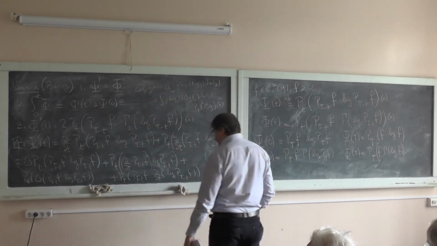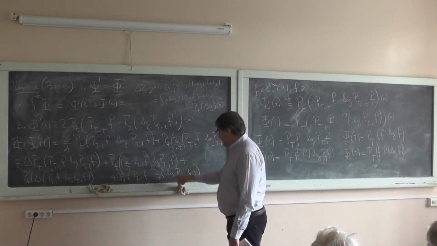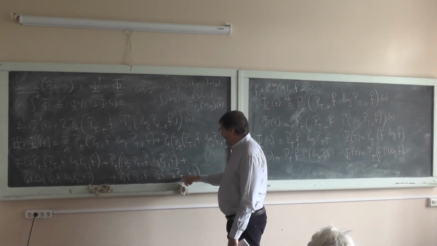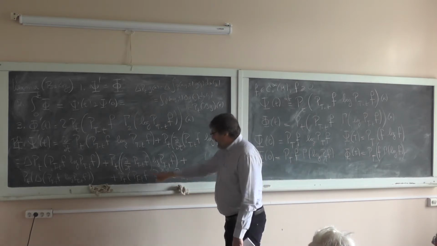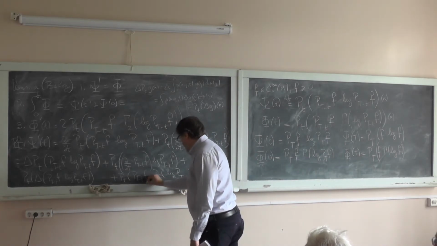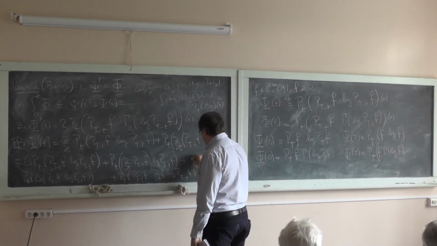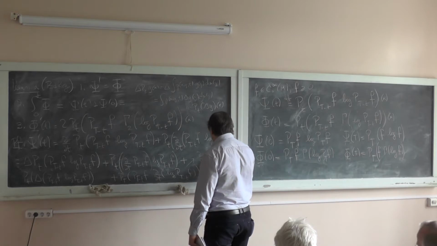Now, as for this term here, I have d/dt of the logarithm. So the d/dt of the logarithm is d/dt of this object divided by the object. And here I have the same thing. So this quantity here simplifies to d/dt of p_{t-t}f.